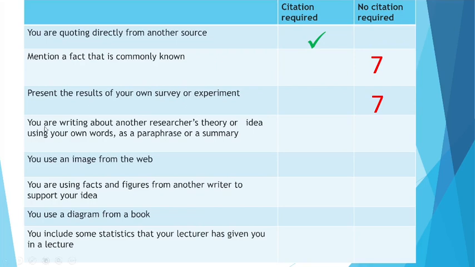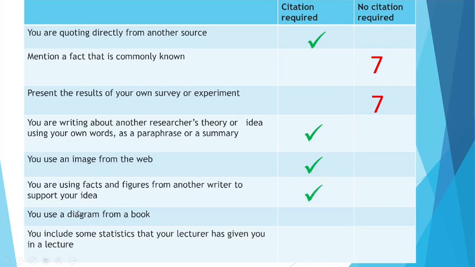The fourth scenario, you are writing about another researcher's theory or idea using your own words as a paraphrase, for example, or summary. Here you have to cite, and taking an image from a website or another thing from the website, you have to cite them, using facts, figures from another writer to support your idea.